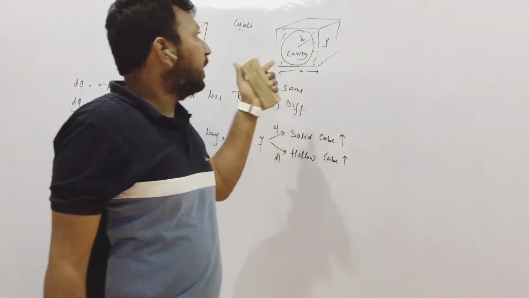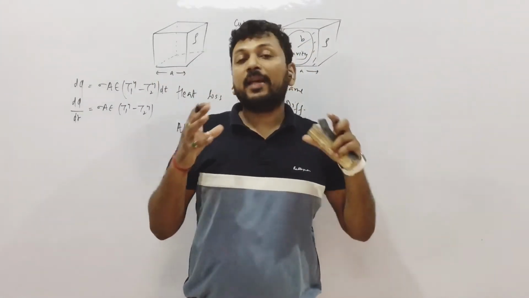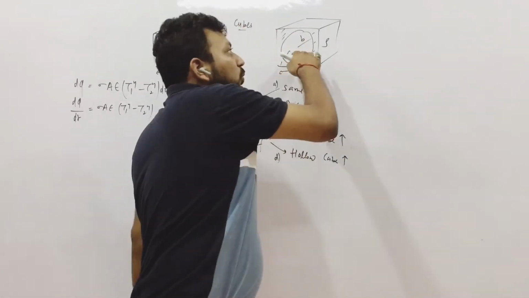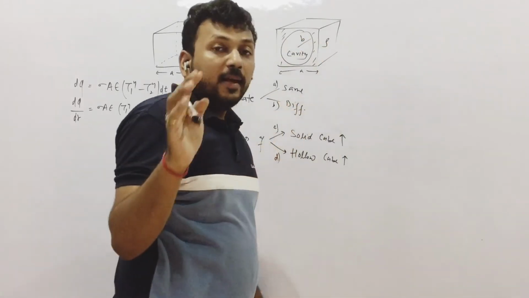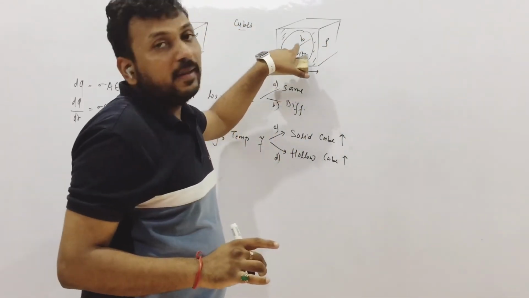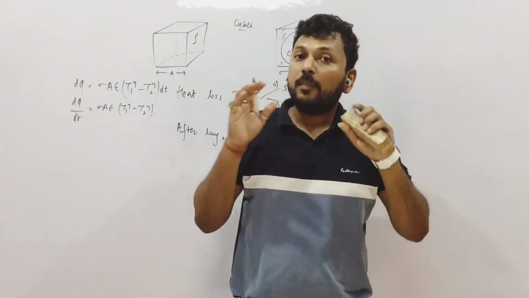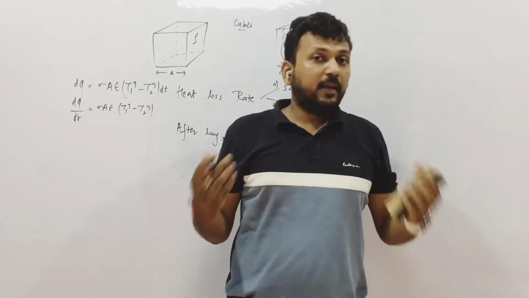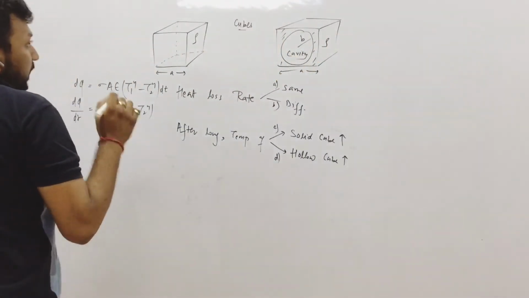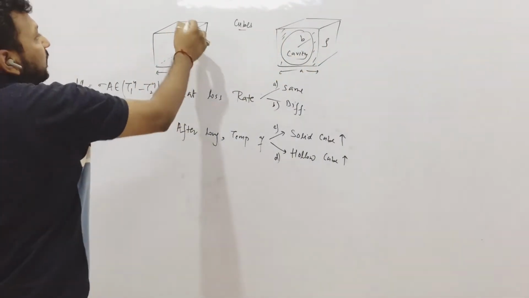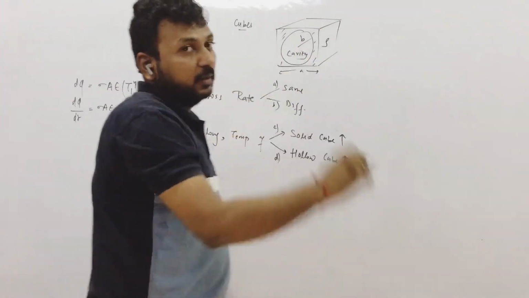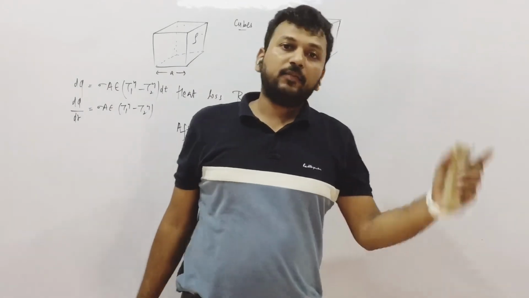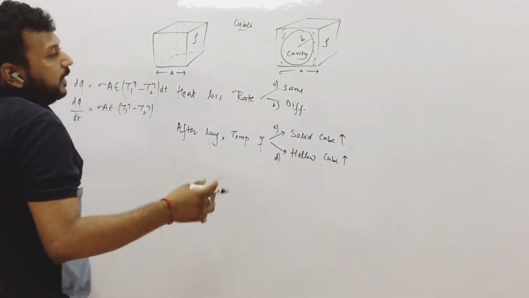If the cavity was so big that air would pass through it, then I should have considered the inner area also, because heat can escape or come in from there, and the area would have been different. But in this case, the area is the same, as the heat is coming from the outer surface only in both. The question said the cavity is small. If the cavity is big, the answer will change, because the area from which heat can escape will change.